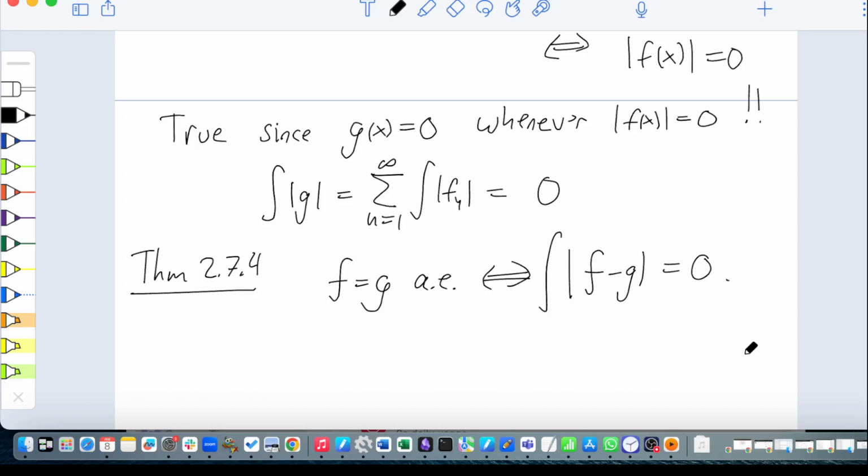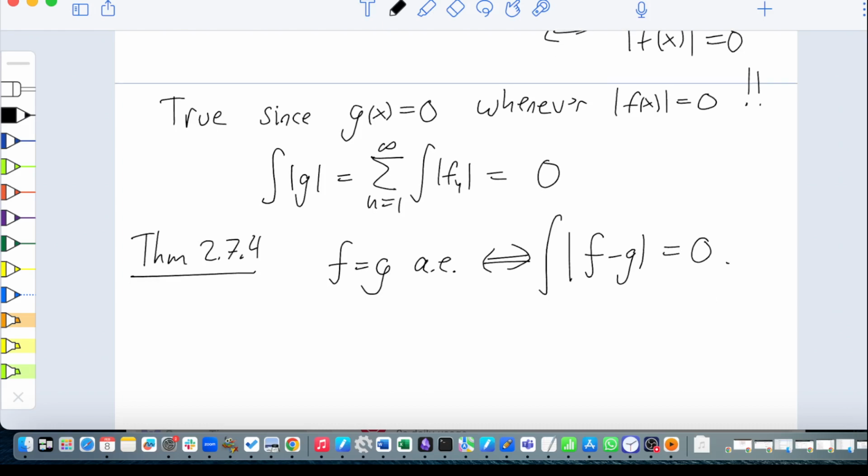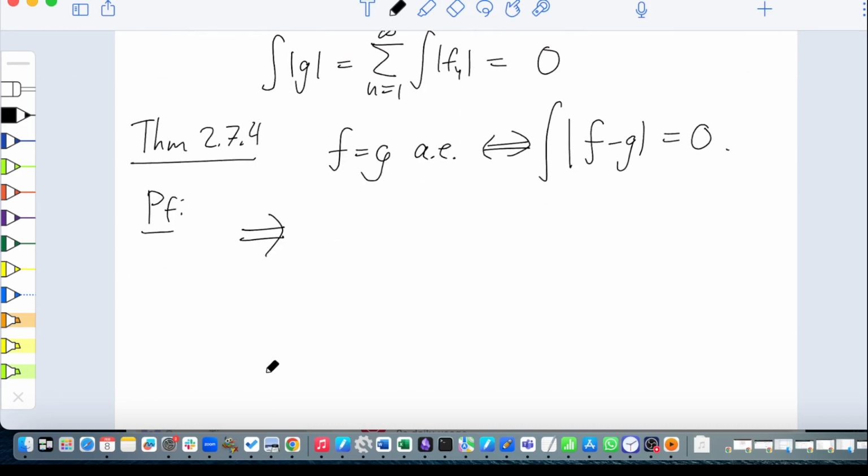Okay, and here's the proof. The proof is exactly this dopey trick. I'm going to do two proofs. Let's suppose f equals g almost everywhere. Then let B be the set where they are not equal.